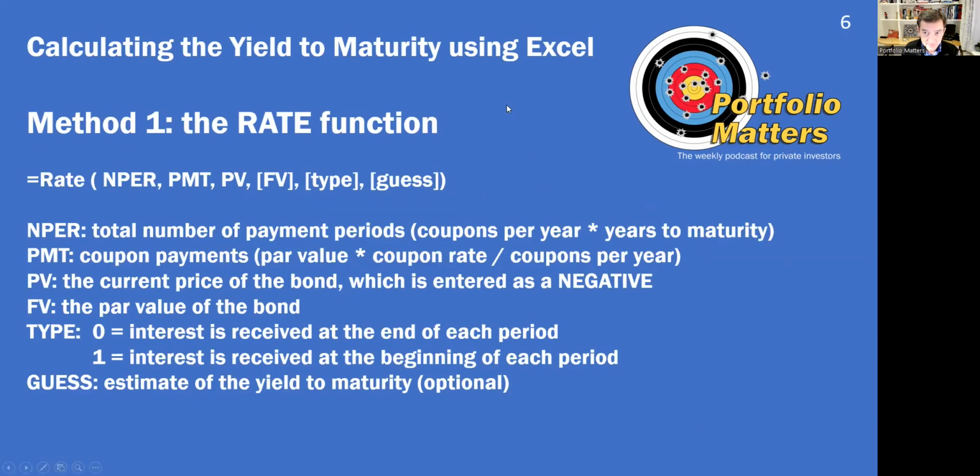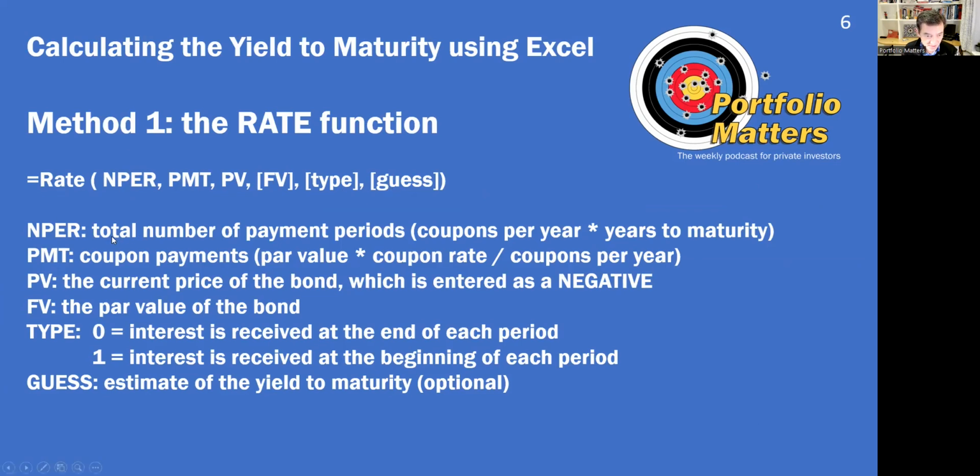Okay, so method 1 is to use the rate function in Excel, and it requires quite a few inputs. So this is the formula. So it's equals rate, open brackets, and then various different elements separated by a comma.